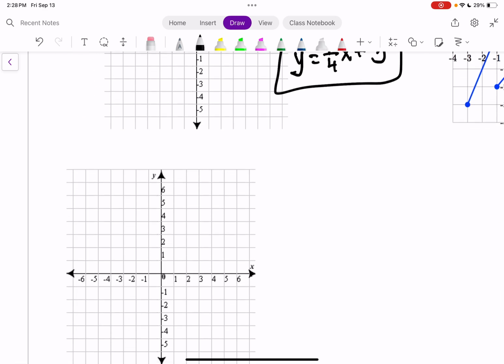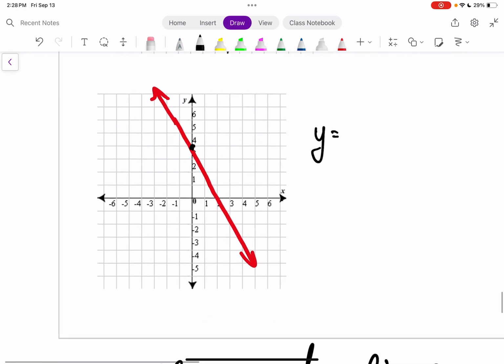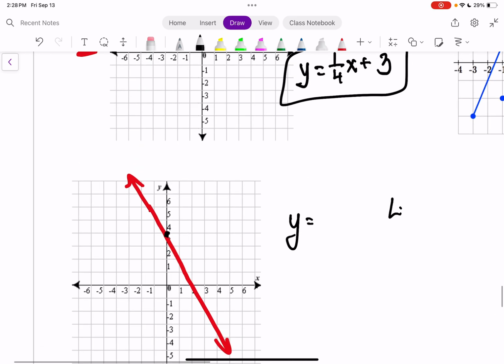So let me draw another one for you. And again, you should try this first. Can you read the y-axis intercept? It kind of looks funny, but I meant it to go through 4. So that's the y-intercept.